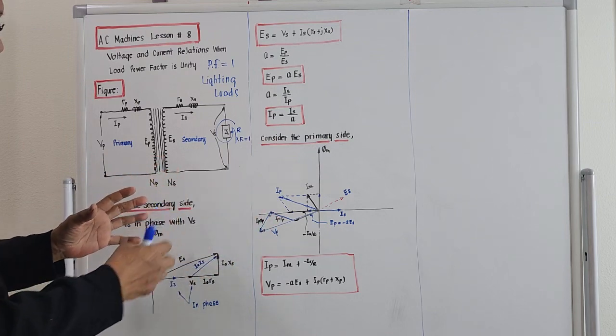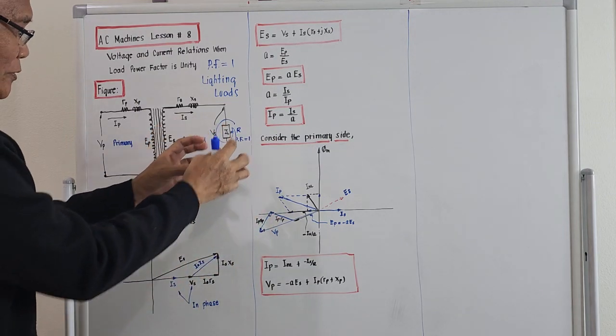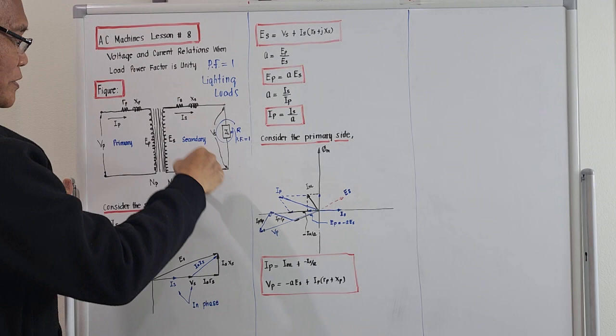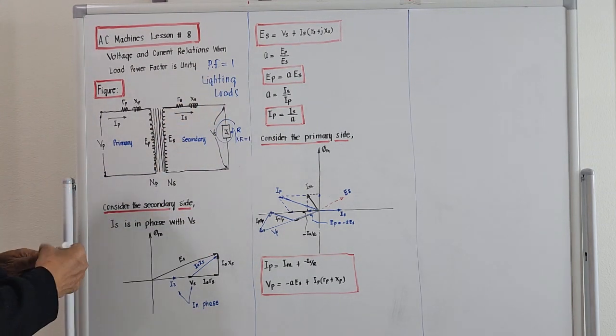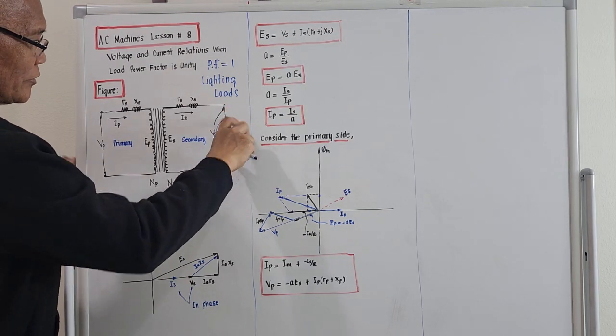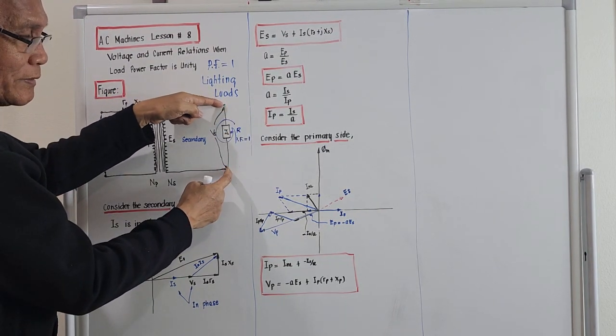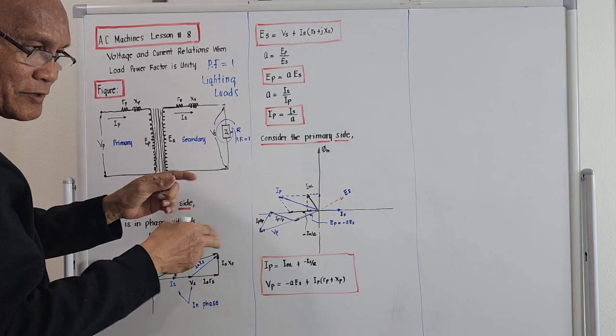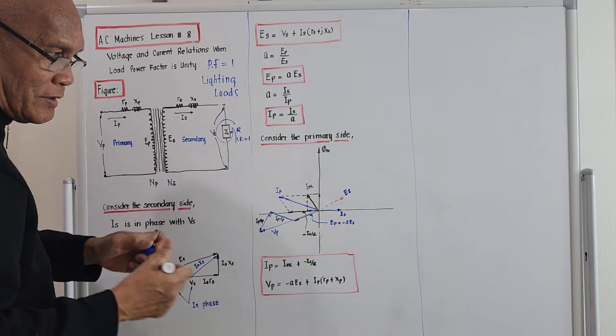Okay, let's proceed. If the given load is a pure lighting load, to get the relation we will start with the secondary portion first. The voltage across the terminal is the one being taken to our service entrance, right?